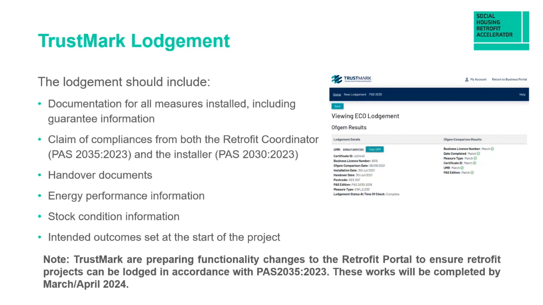So the lodgement with Trustmark should include the documentation for all the measures installed, including guarantee information, claims of compliance from both the retrofit coordinator and the installer. So sign off to say that, yes, they've been installed and meet those standards. All handover documents, energy performance information, pre and post retrofit works, stock condition information, and the intended outcomes that you set at the start of the project.